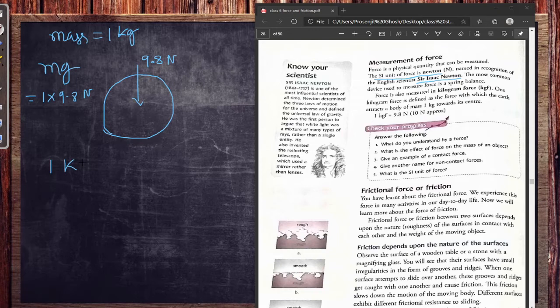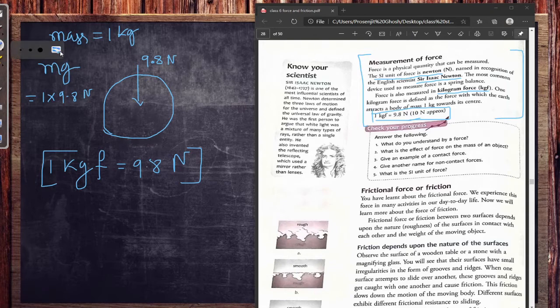You should also remember that 1 kgf should be equal to 9.8 Newton. So what I told you here, which are the important ones? The SI unit of force, and by whose name it is coming. Now after that, kgf, what is that? Kilogram force. And 1 kgf equals 9.8 Newton. Remember all these things. So many short questions come from this small part. So that is our first thing where we discuss the measurement of force.